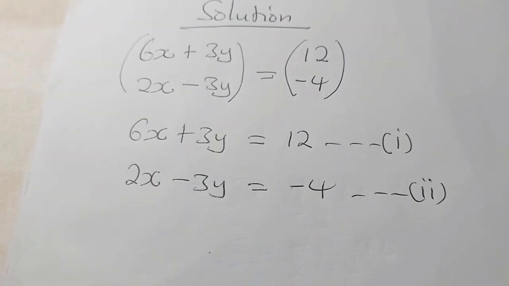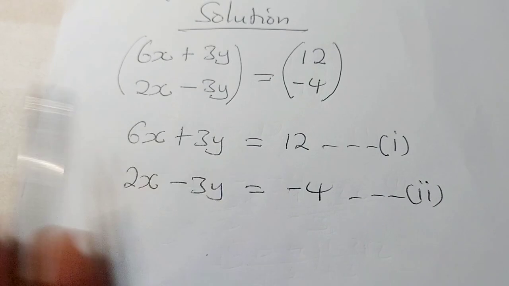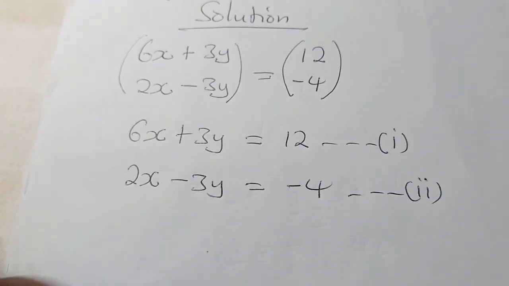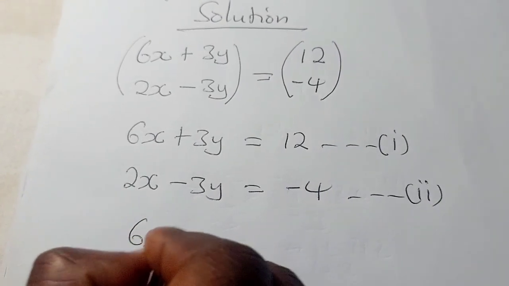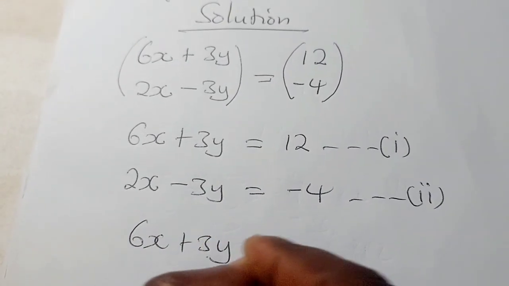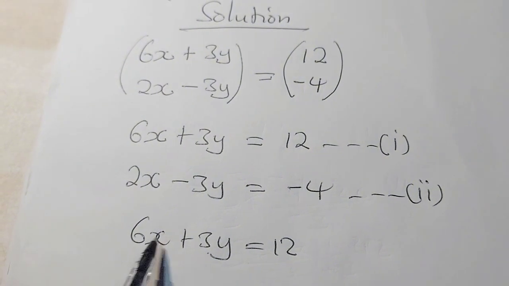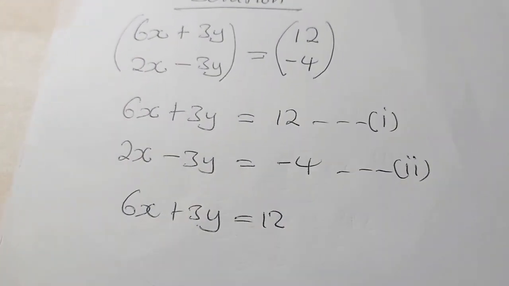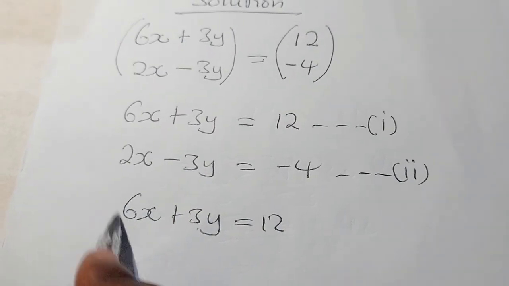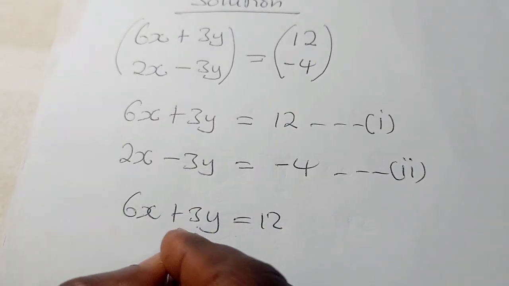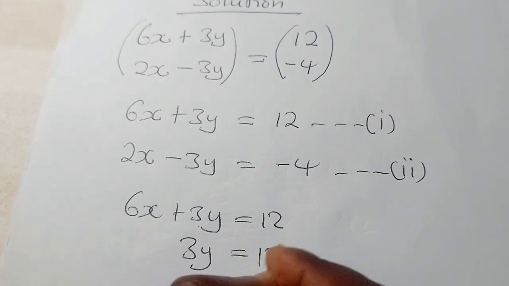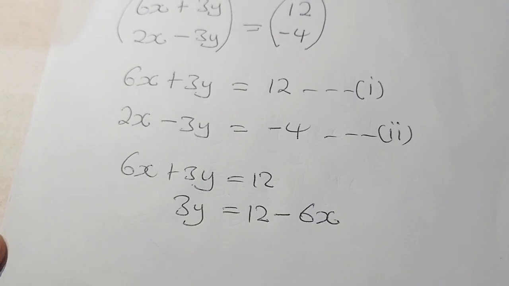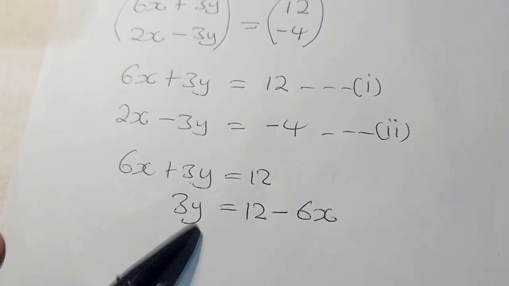For the first equation, I will choose either of the variables to make the subject of the formula. So 6x plus 3y equals 12. Let me choose y to make y the subject of the formula. Then I will take 6x to the other side. So it will be 3y equals 12 minus 6x.